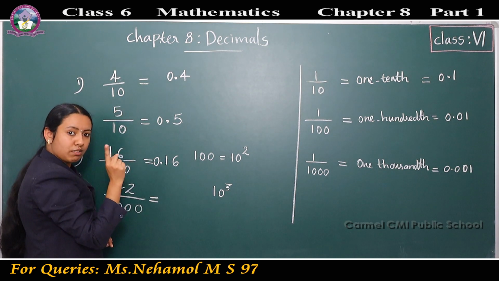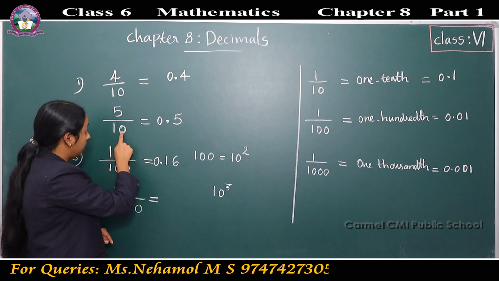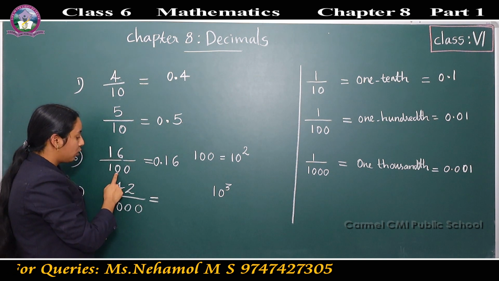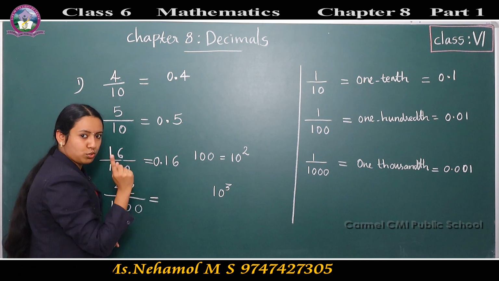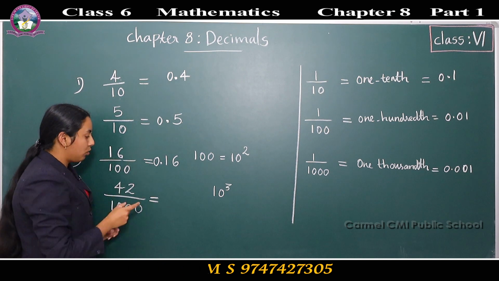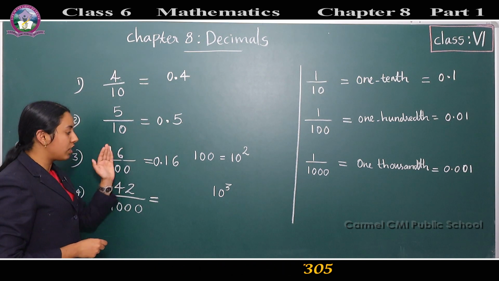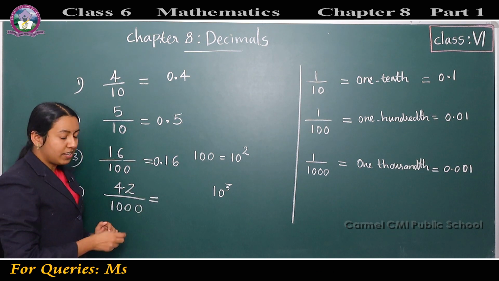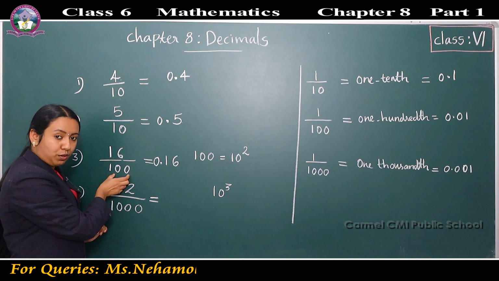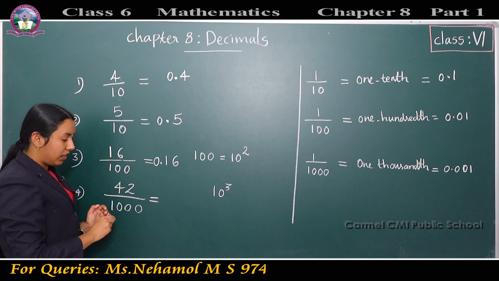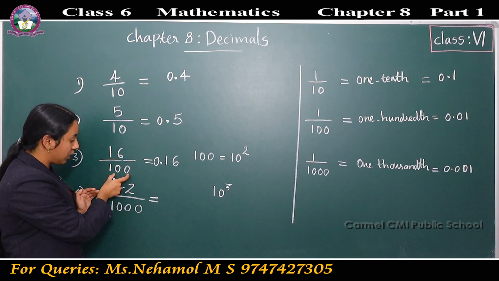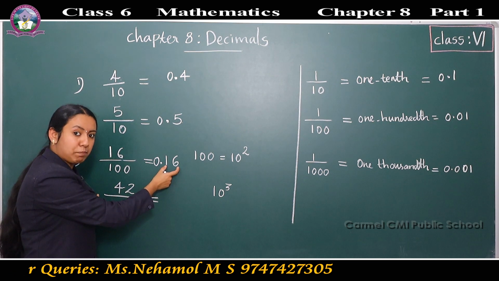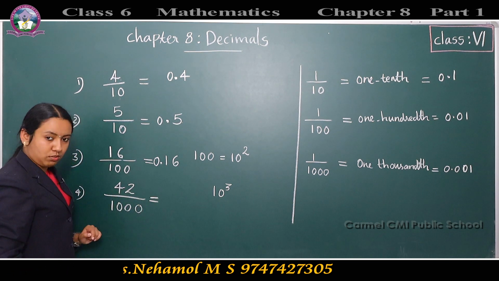Here also only one 0 in the denominator, 1 decimal place. Here 2 zeros are there, so 2 decimal places. So to convert a fraction to a decimal, first write the numerator itself, then count the number of zeros in the denominator, and make the number of decimal places the same as the number of zeros.